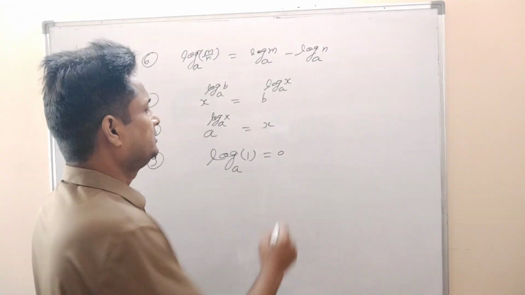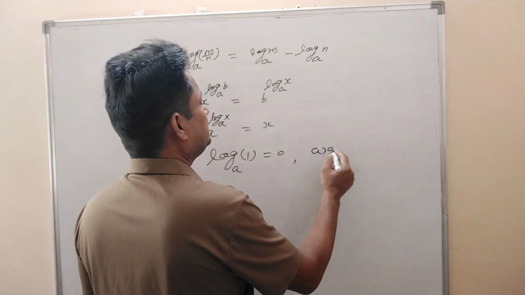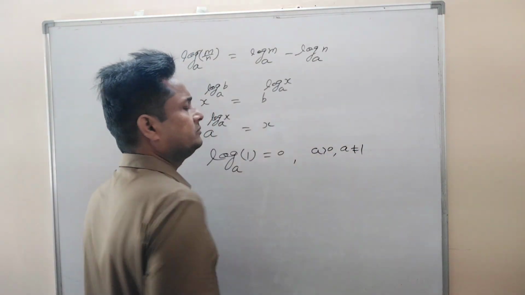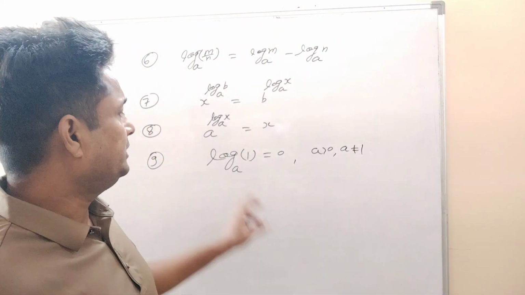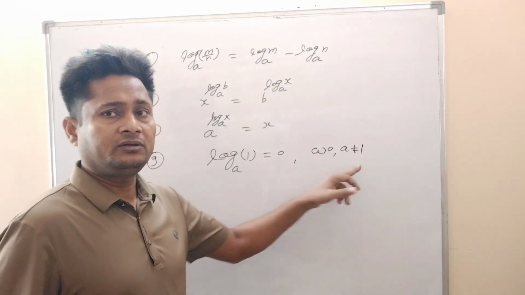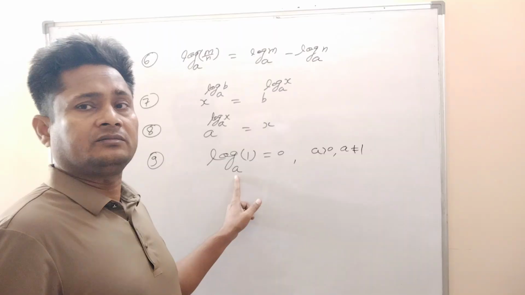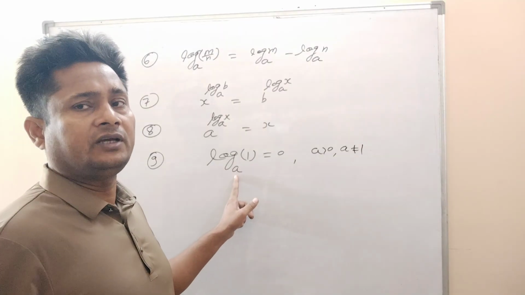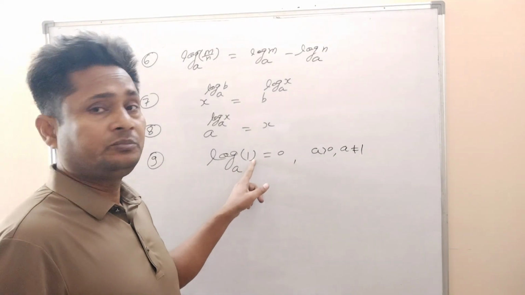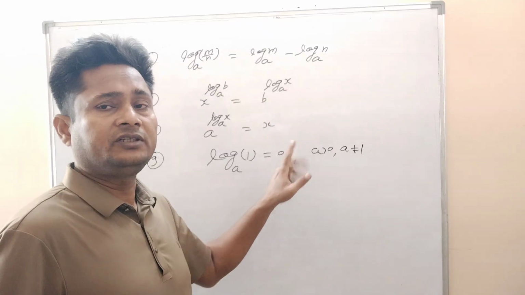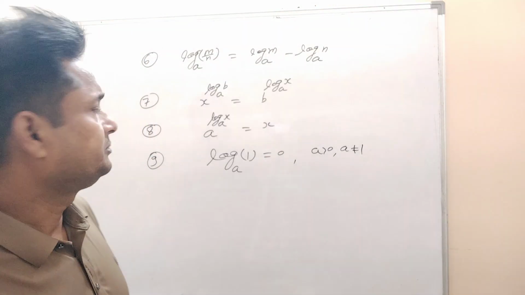Any base, here a is greater than 0, a does not equal 1. If base a is positive and a does not equal 1, then whatever the base value, if input is 1, then its value will always be 0.